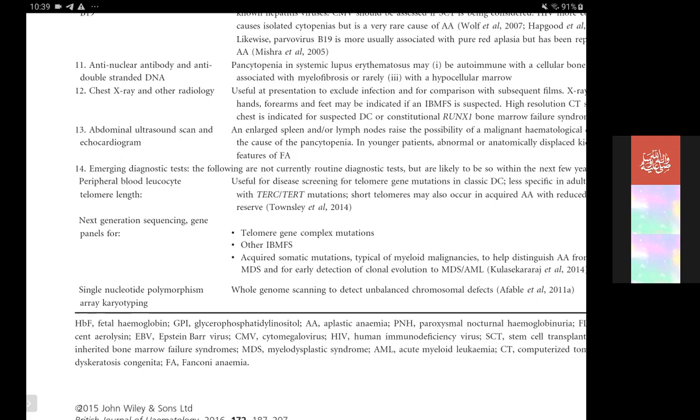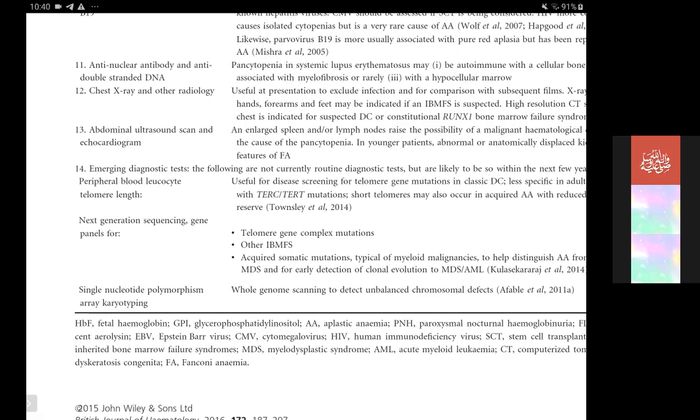So even cytogenetics on bone marrow and PNH clone by flow cytometry, and then even look not only for the PNH clone but for the LGL clone. So the TCR gene rearrangements to detect clonal T large granular leukemia, in this situation to exclude the STAT3 mutation. So in adults, we can even rule out abnormal clones like the PNH clone, the T-LGL clone, and the MDS cytogenetic clone with metaphase cytogenetics and cytoFISH.